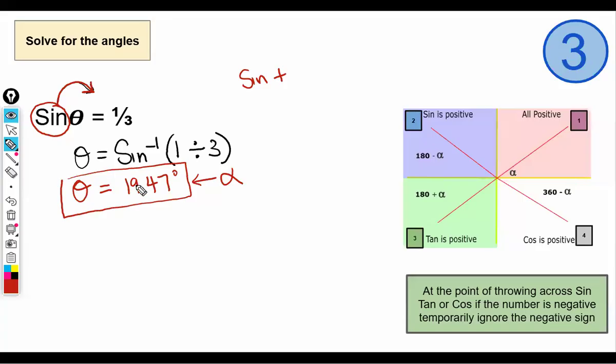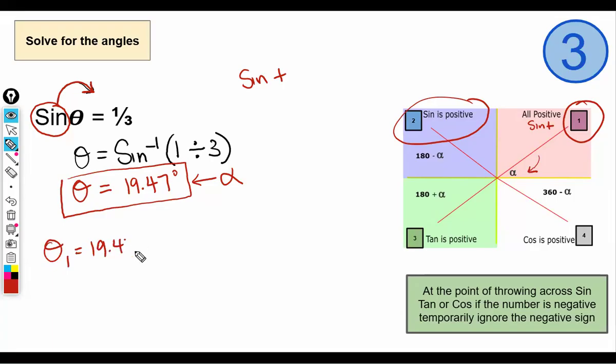Now, when it's a positive question, remember, the first answer you get is always alpha. In a positive question, sine is positive in quadrant 1 and sine is positive in the second region. Everybody is positive in quadrant 1, and sine is positive in quadrant 2. The formula for quadrant 1 is alpha, so my first answer is alpha.